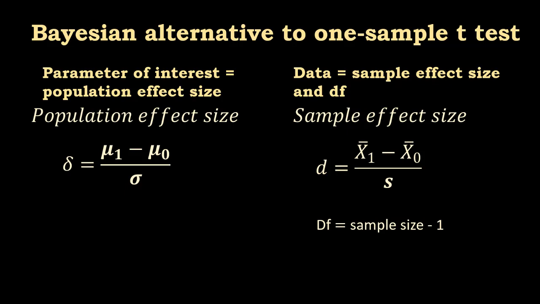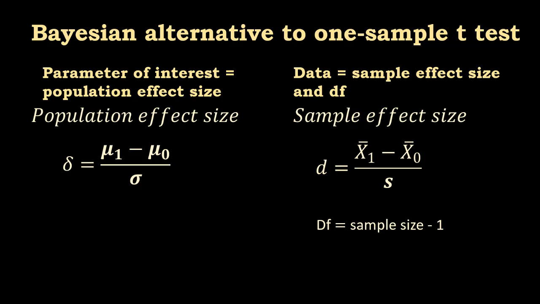An example of this is, let's say we want to collect data on an IQ test in a sample, and we want to know whether our sample is higher or lower or the same as the mean IQ of the population.